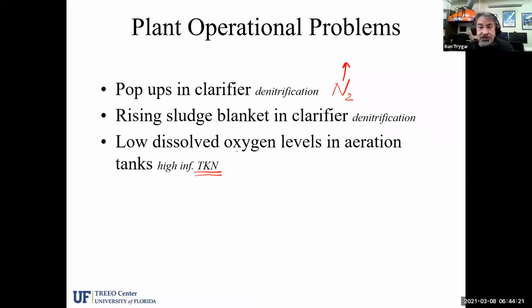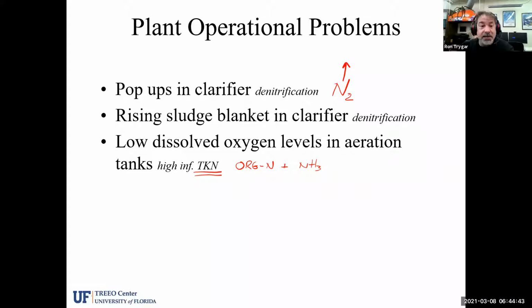Now, just to give you a heads up, TKN is made up of several things, which we generally say are organic N, which is organic nitrogen, and ammonia, NH3. Those are the two things that make up what we call TKN, and I'll talk about that a little bit later.